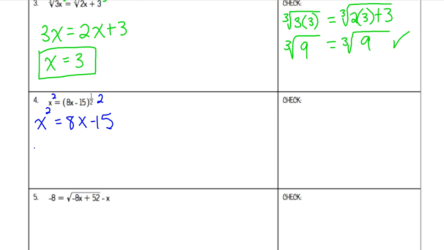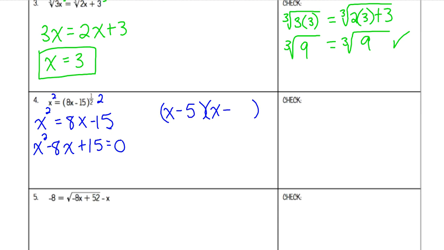So I'm going to get it equal to 0 by moving the 8x and the 15 over to that side. And so now I'm looking for two numbers that multiply to 15 and then add up to negative 8. So I know they're going to have to be negative.